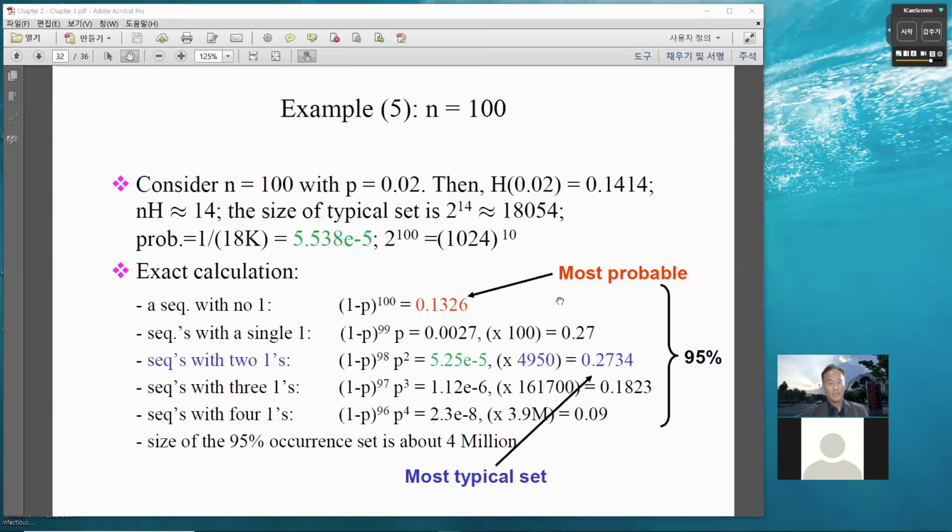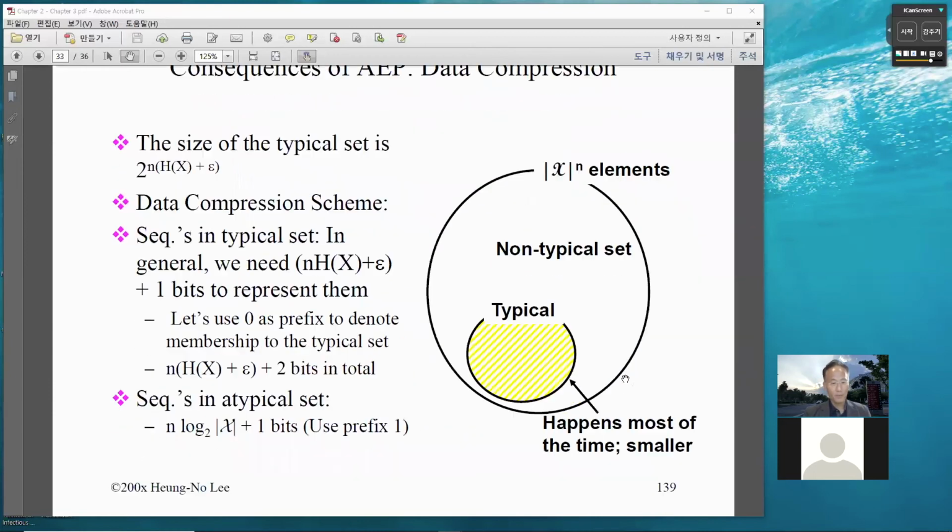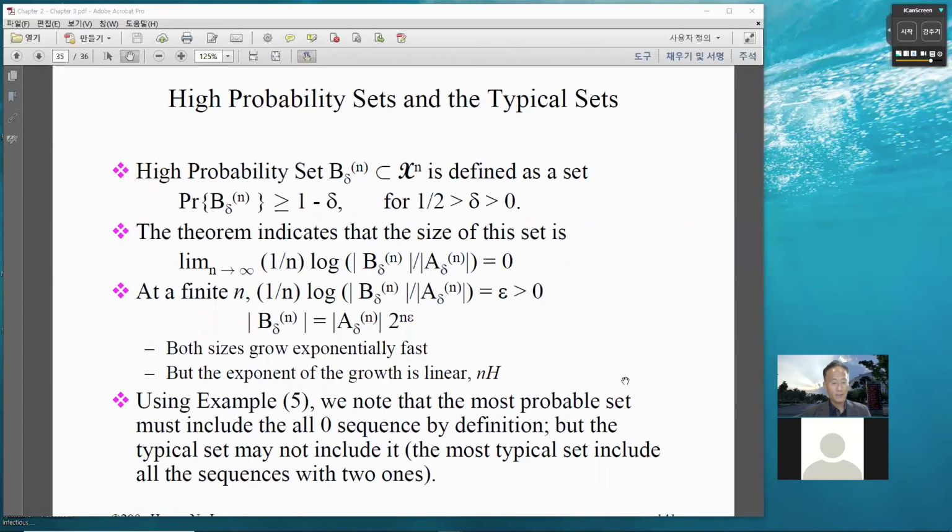But if we account for most of the probability, then these 2 sets must be similar to each other, and in terms of the order of exponent, it is the same. That's what basically this theorem says.